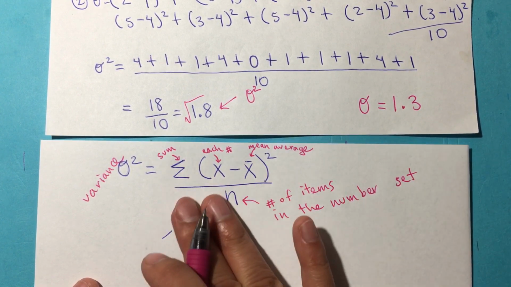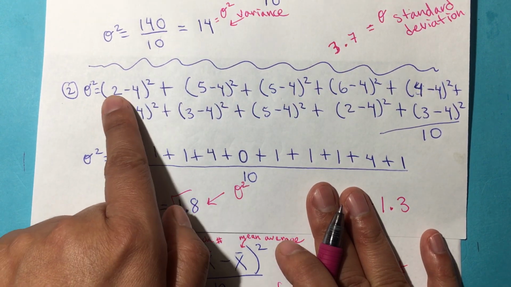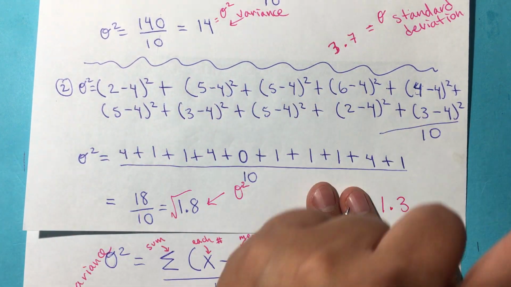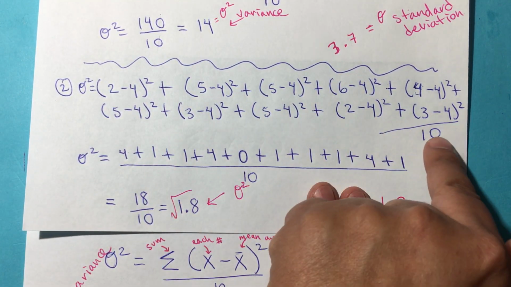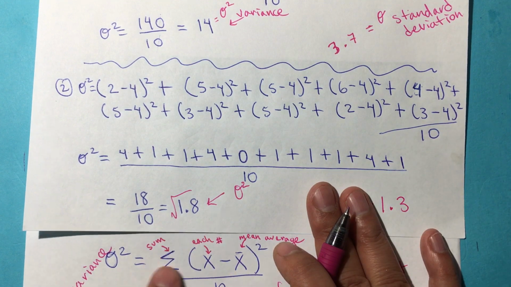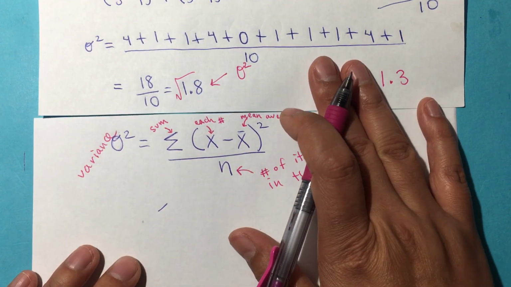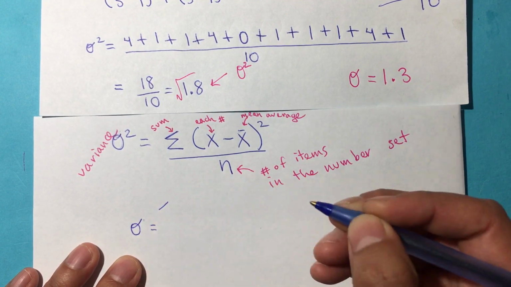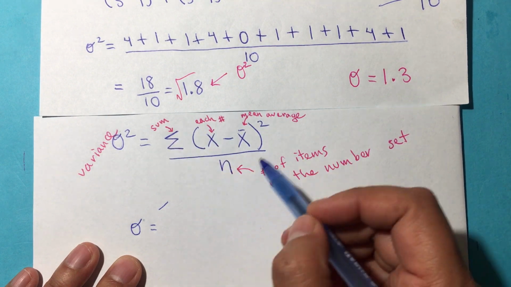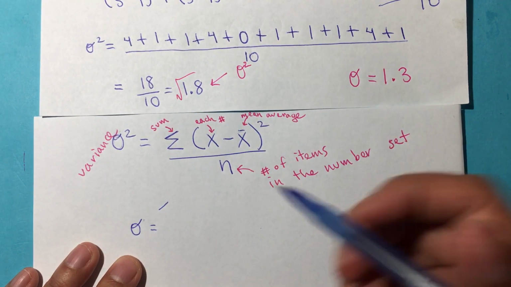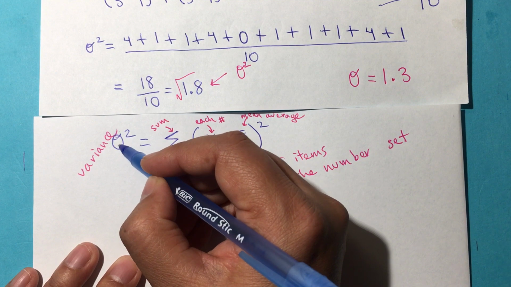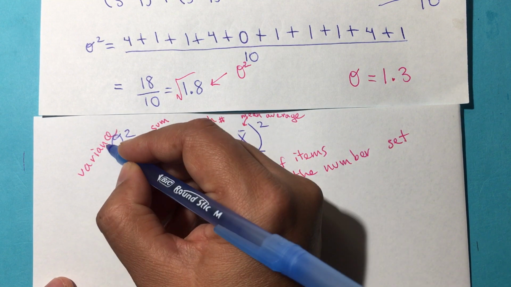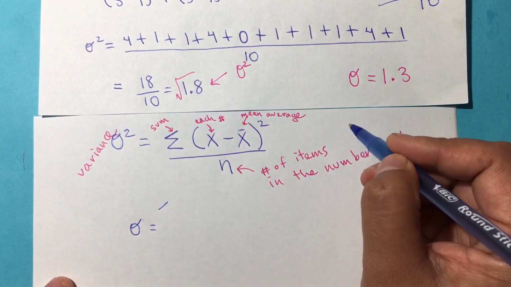So basically, this formula represents what we're doing here: the addition of the differences squared, each difference is squared, and then divided by the number of items. That's the same thing. If we just want to find sigma, meaning the standard deviation, all you have to do is take the square root. And it makes sense because if you want to leave sigma, lowercase, by itself without the square, you take the square root, then you have to do the same thing on the other side.